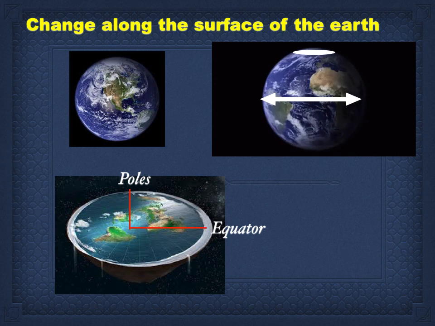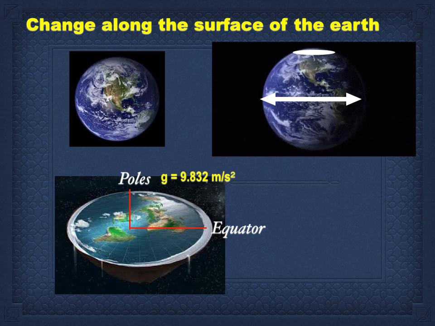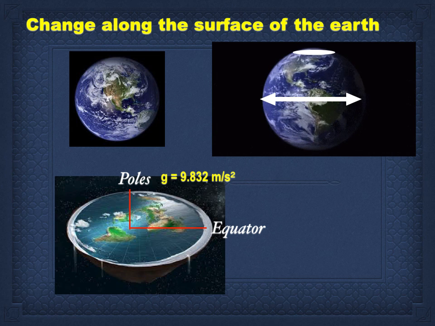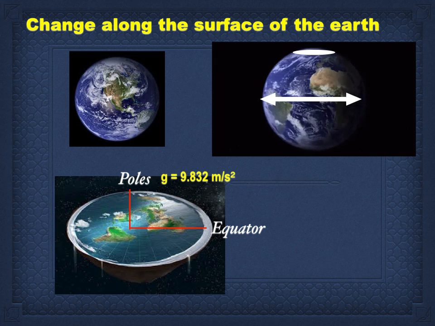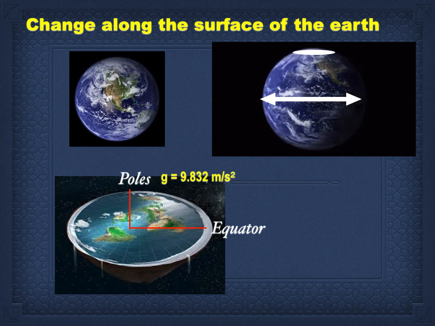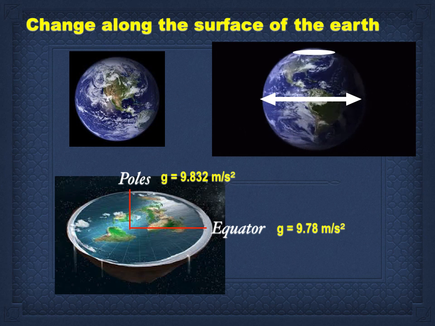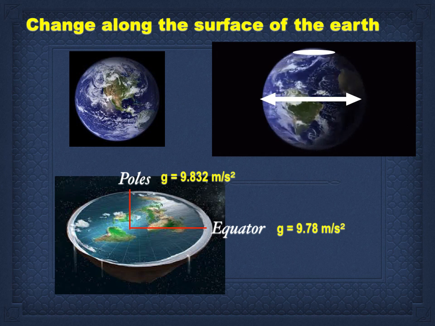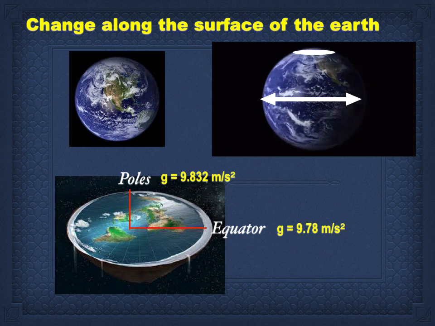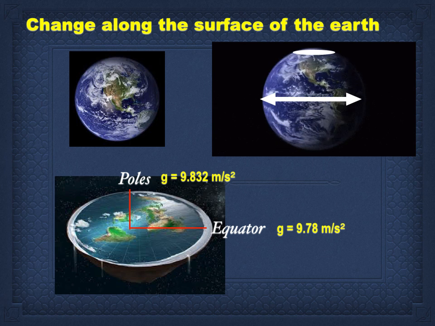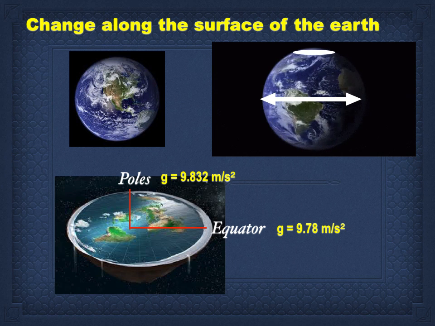Hence, the value of g is highest at the poles, that is 9.832 meter per second square, and it decreases slowly with decreasing latitude, so that it is lowest at the equator, where the value of g is 9.78 meter per second square. So the value of g changes along the surface of the earth because of its shape.